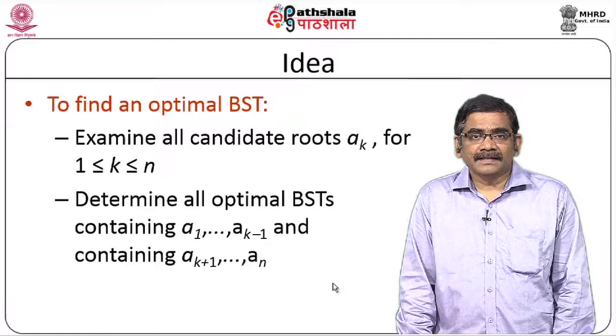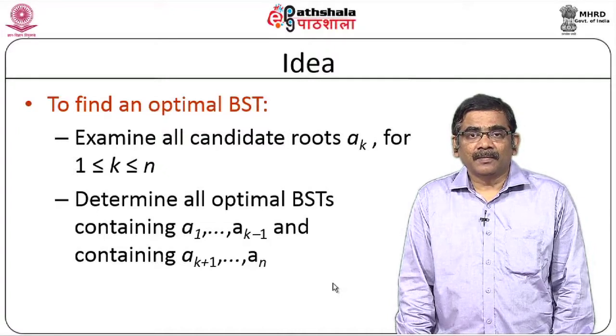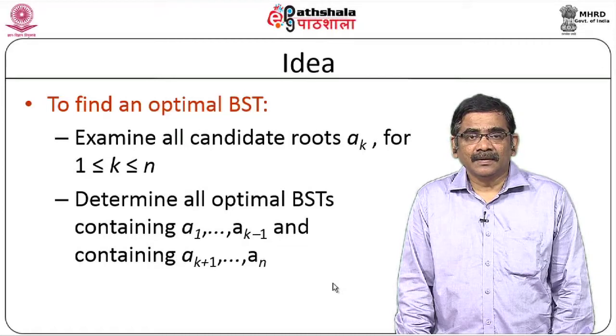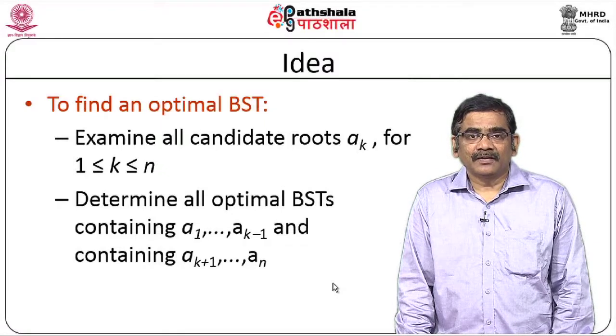You can see exactly what is happening here. As I said earlier, the problem is divided into two subproblems. We examine a candidate for A of k, and accordingly divide the problem into constructing a BST for keys from 1 to k minus 1 and k plus 1 to A of n.